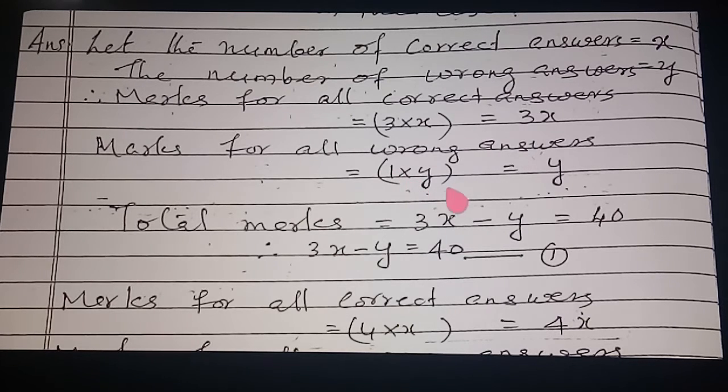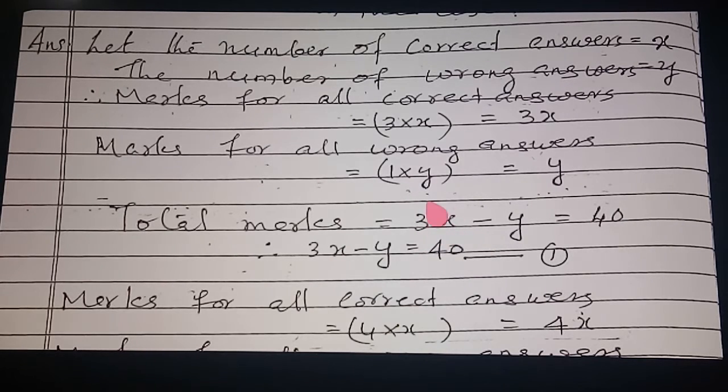So 1 into y, that means y. So what's the total mark then? 3x plus y, don't write that, because the wrong answer mark is being lost. Losing means subtracting. So 3x minus y. Here what will come? Minus. We don't write plus y. 3x minus y is equal to 40.